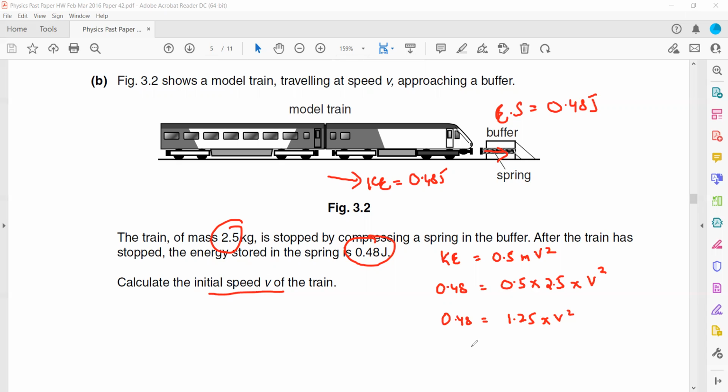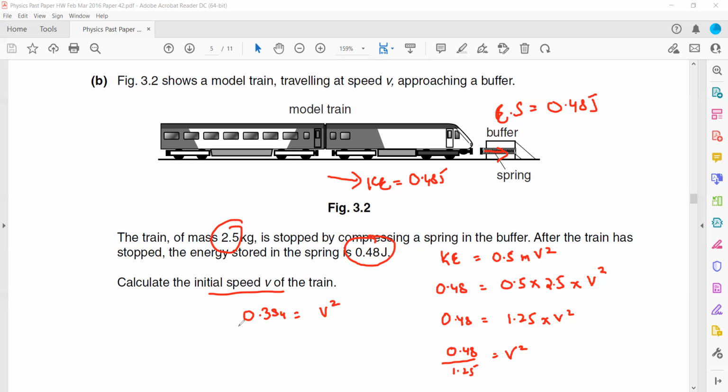1.25 is multiplied on this side, so on the other side it will divide. So 0.48 divided by 1.25 will be v squared. That will give us 0.384. So 0.384 is the answer for v squared. But we don't need v squared, we need v, the speed only.